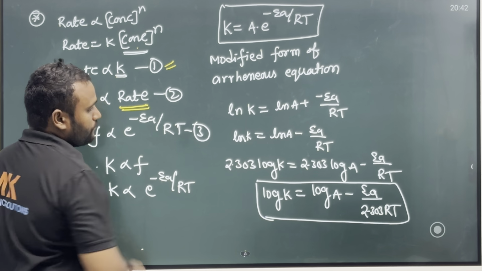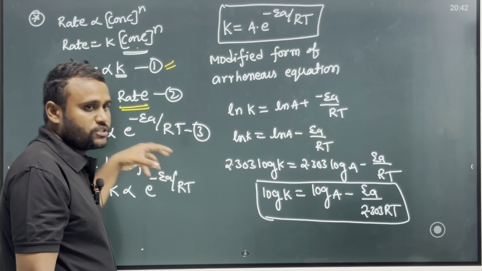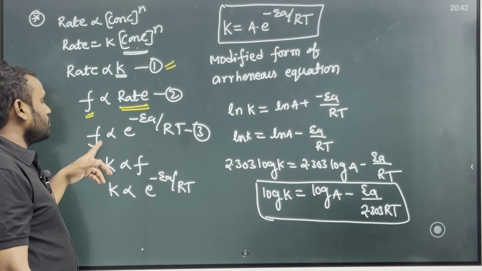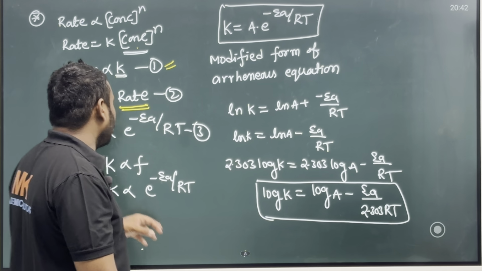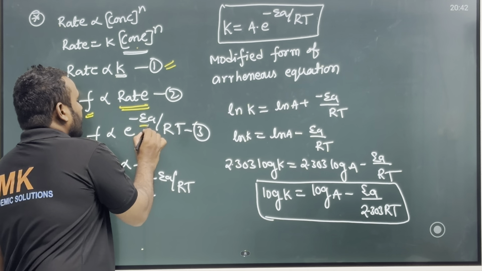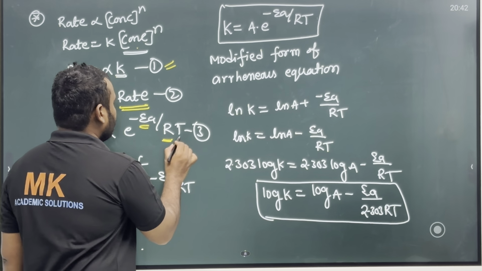F is nothing but the fraction of effective collisions, which is directly proportional to the rate. The fraction of effective collisions is related to the Boltzmann factor, e to the power minus EA by RT, where EA is the activation energy, R is the ideal gas constant, T is the temperature.